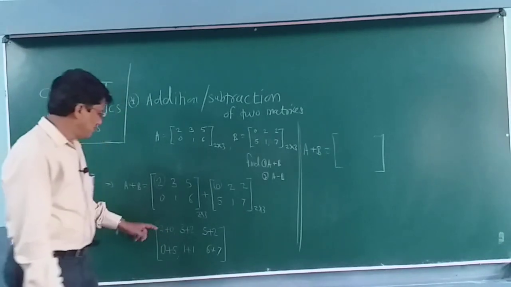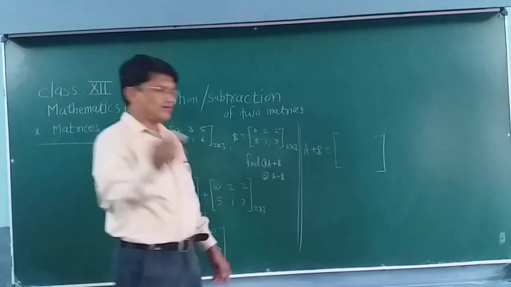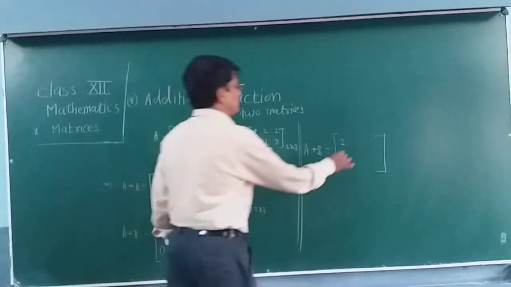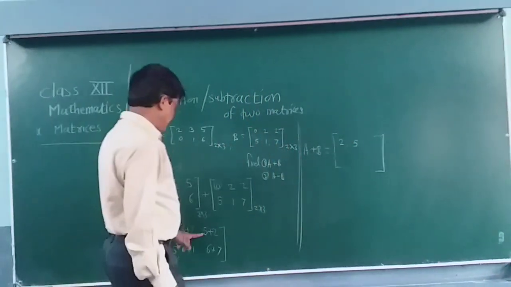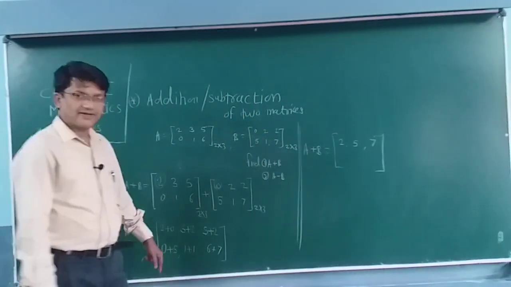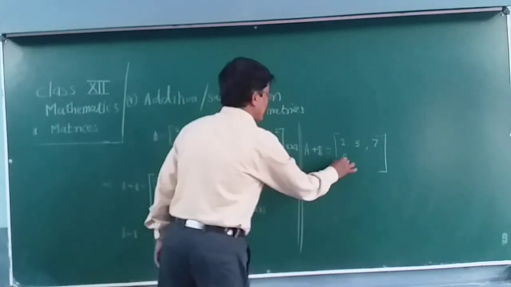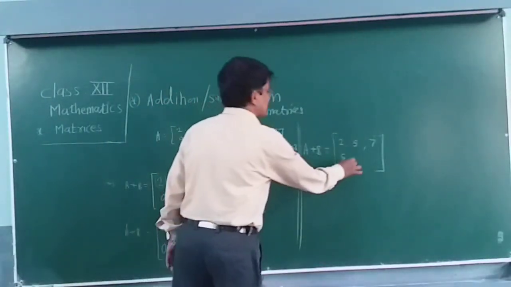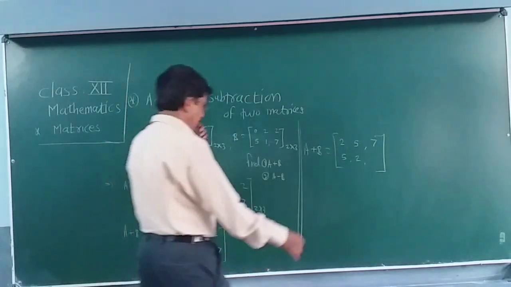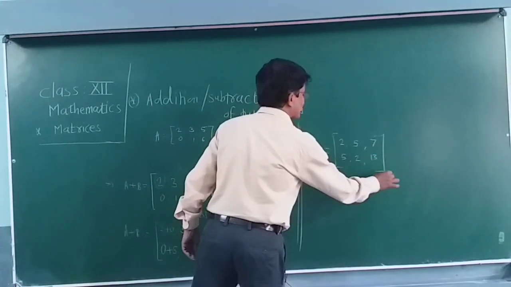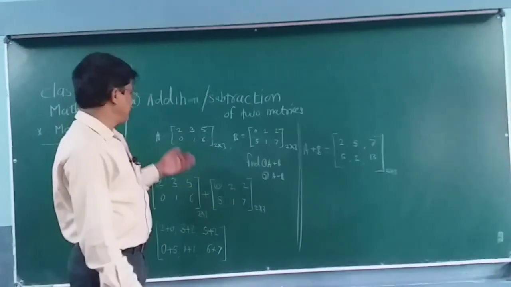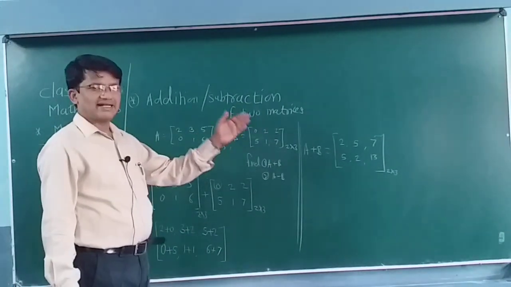See here, 2 plus 0, the answer is 2; 3 plus 2 is 5; 5 plus 2 is 7; here 0 plus 5 is 5; after that 1 plus 1, easy one, it is 2; and 6 plus 7 is 13. It has the same order 2 by 3, and this is just the addition of the given two matrices.